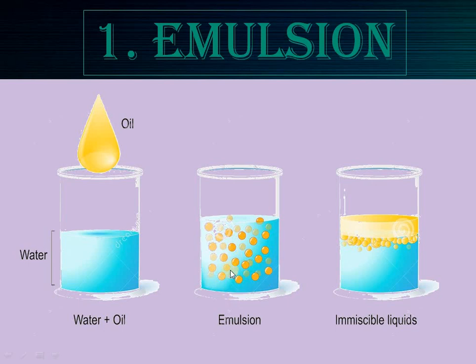These bubbles of oil in water are a liquid type of colloid which are not miscible, and this is known as an emulsion. This is what we have as immiscible liquids. We can say that oil and water are not miscible, as we all know.